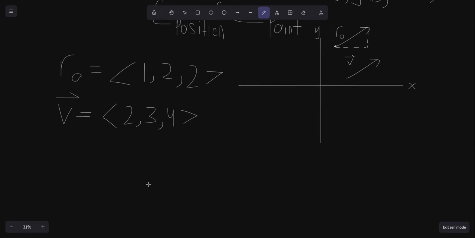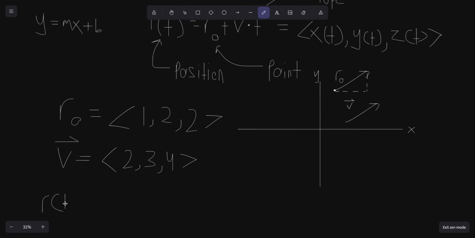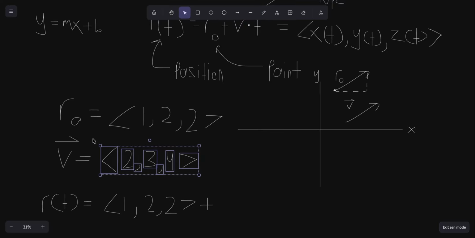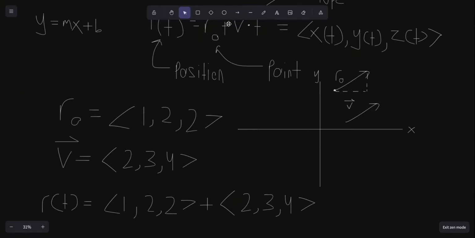Okay, so now we're able to write out our equation. This is r of t. That's going to be equal to our initial point, plus our velocity vector, multiplied by time.